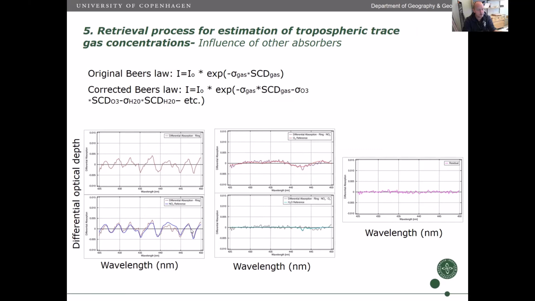Then by removing the nitrogen dioxide and the water, we get an exact estimate of the ozone. And finally, the same thing, by removing the nitrogen dioxide and ozone, we get an exact estimate of water. And then finally, of course, there are always some errors when doing measurements, and that is what is left as the final part.